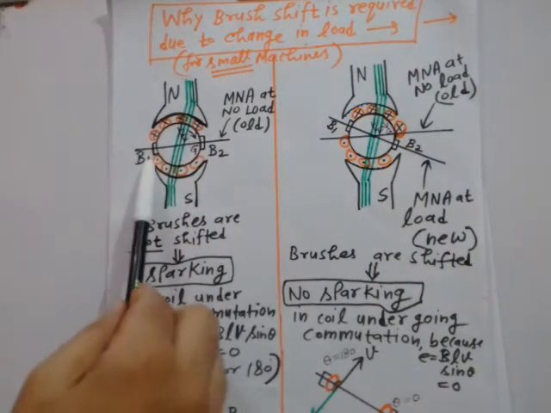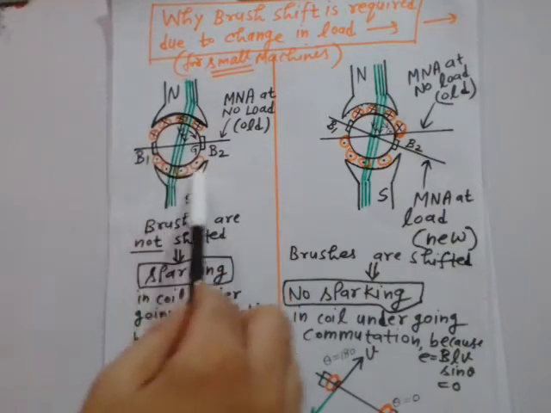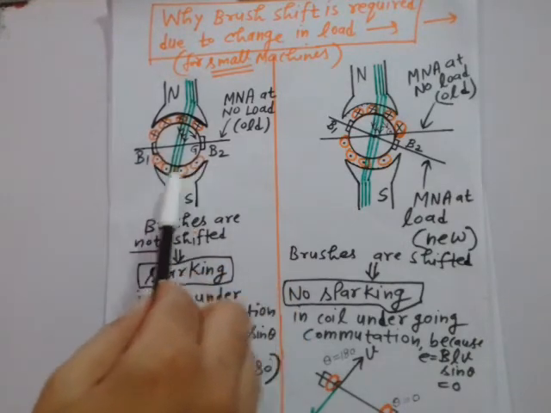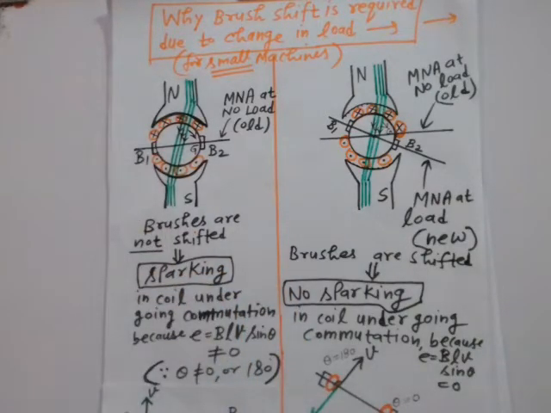And for all the armature conductors which are under the influence of the south pole, the polarity of induced EMF or induced current will be dot, right? Dot. This I have already discussed, cross and dot. How to calculate the direction of this cross and dot? By Fleming's right hand rule. I have already discussed it in the earlier lectures, right? Please refer to those lectures.